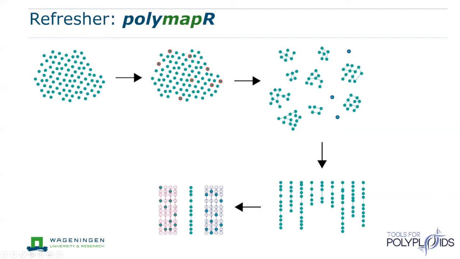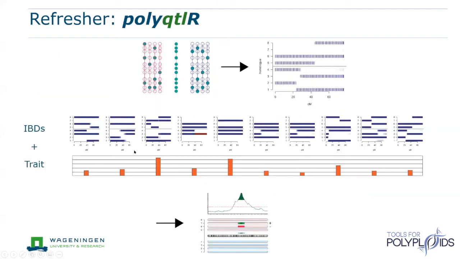Once you have this phased map, this is essentially the key to move on to QTL analysis using polyqtlR. So polyqtlR is a separate package. As I said, it takes the phased map from polymapR as the input, and then it first estimates IBD probabilities using your known parental phasing and the marker dosages or marker scores.